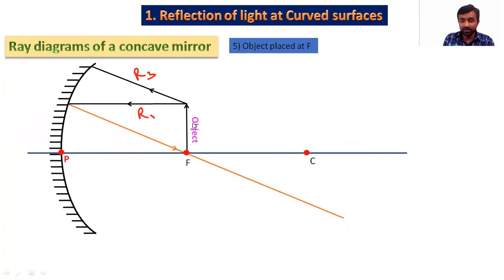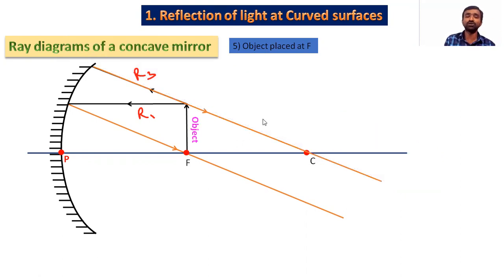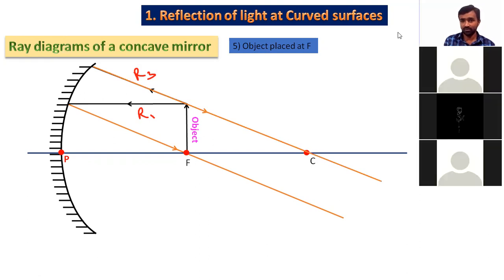Then after reflection, it passes through the center of curvature, right? Then tell me how the reflected light rays are. Parallel. They are parallel to each other. If I extend those light rays in front of the mirror or behind the mirror, do they meet? Will they meet?